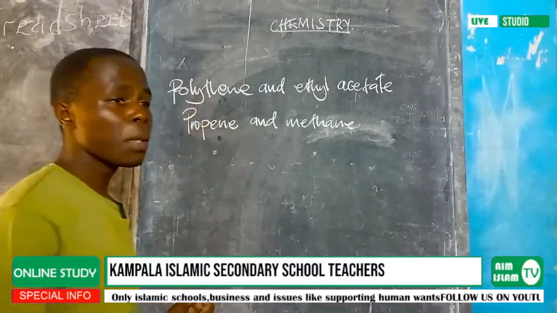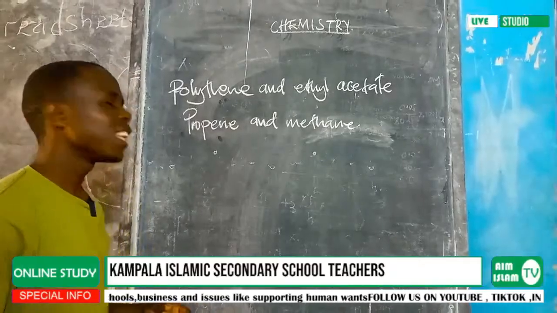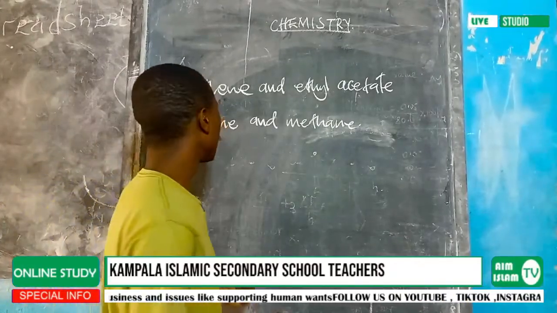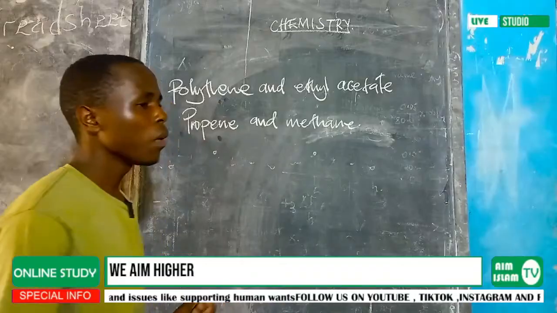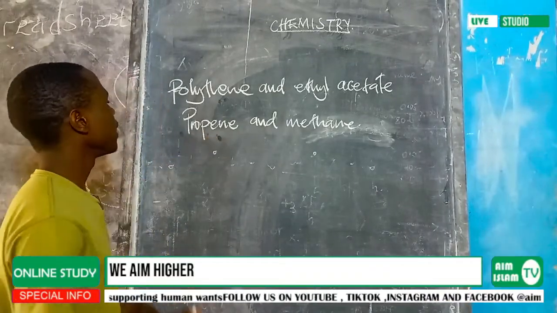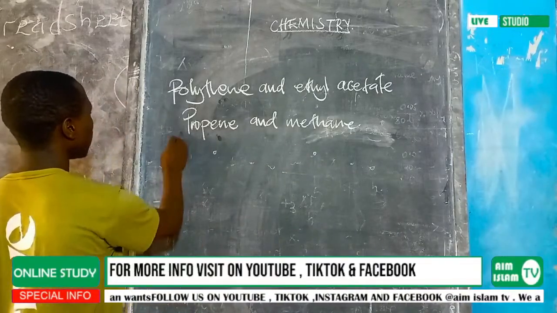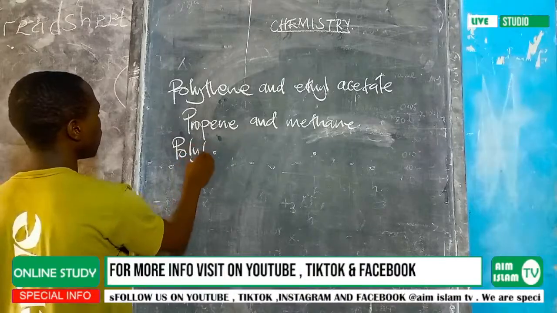Polyethylene is a polymer. It is used in our daily life. So now they are telling us how it can be obtained from propene, an alkene with a double bond.